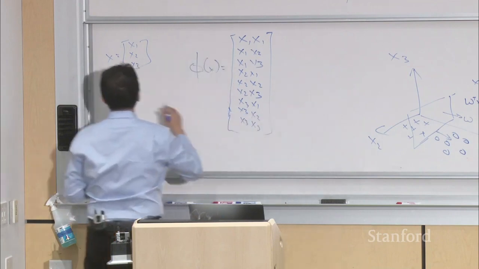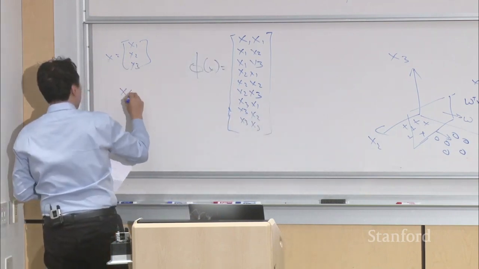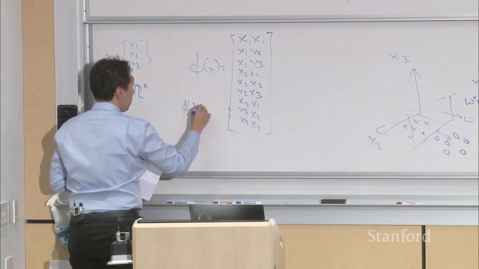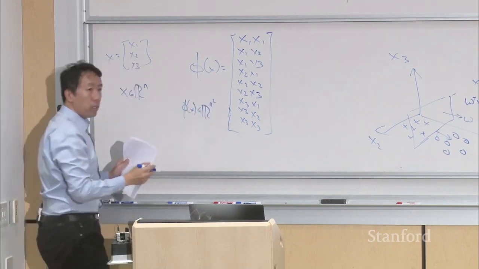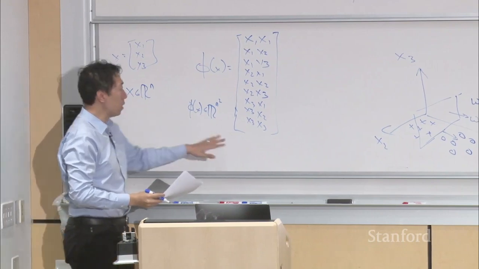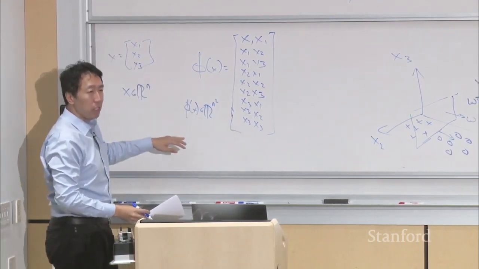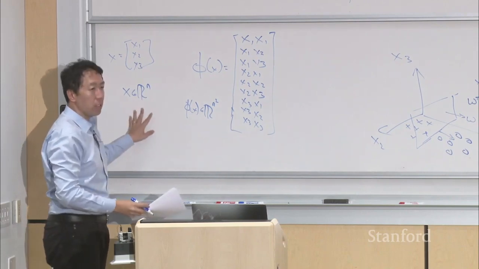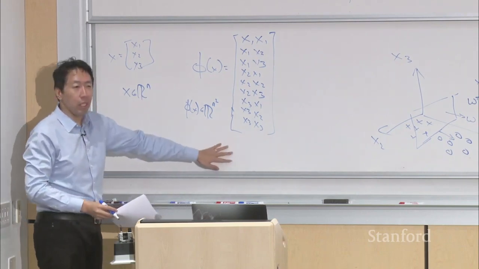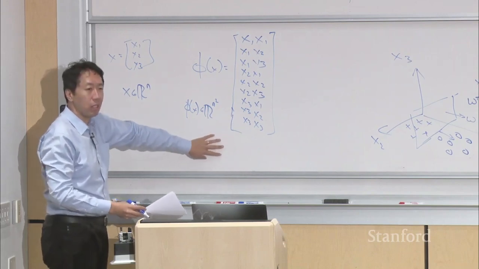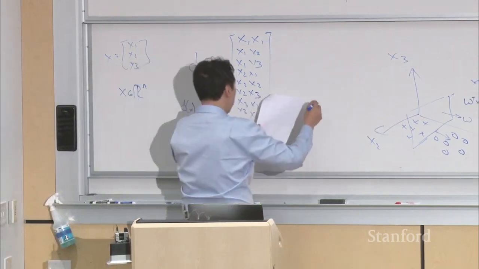And so notice that if x is in R^n, then phi of x is in R^(n squared). So we've gone from three-dimensional features to nine-dimensional, and I'm using small numbers for illustration. In practice, think of x as 1,000-dimensional, and so this is now a million. Or think of this as maybe 10,000, and this is now like 100 million. So n squared features is much bigger.